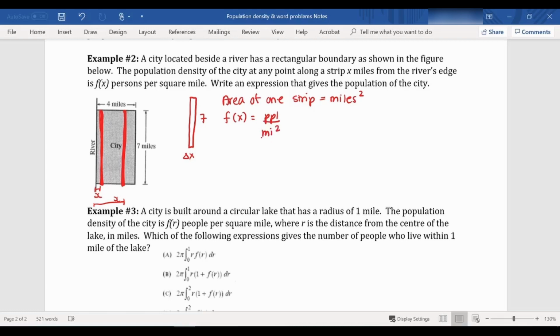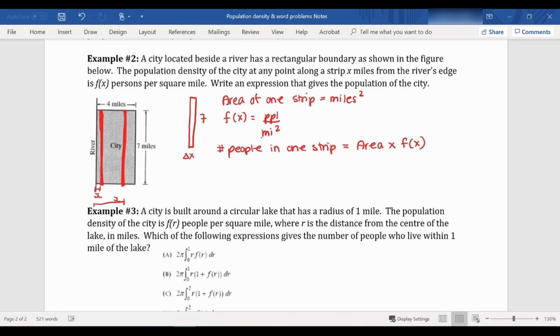So if I wanted to find the number of people in just one strip, it would be the area of the strip times f of x, or the density of that strip times the area of that strip to figure out how many people there are.